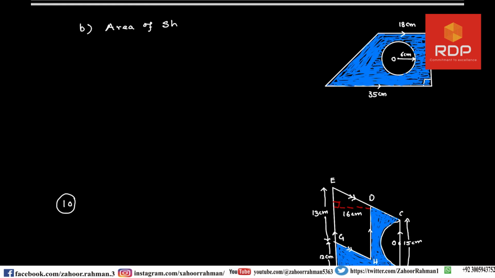Area of shaded region: first of all we have to find the area of the trapezium minus the area of the circle whose radius is given as 6 centimeter.